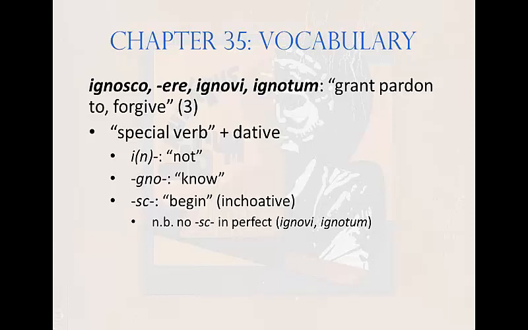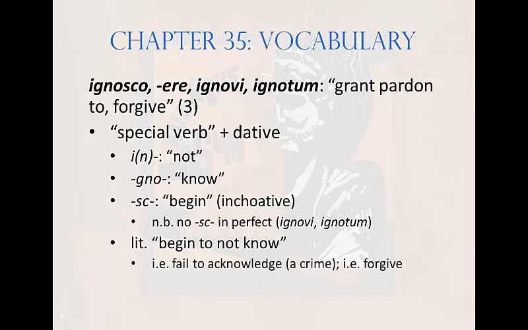So, altogether, igno-sco means literally, I begin not to know. When the Romans heard that, they understood, failed to acknowledge, most often a crime someone's committed, which is one way of saying it's forgiven. A crime can't be a crime until it's recognized as such.